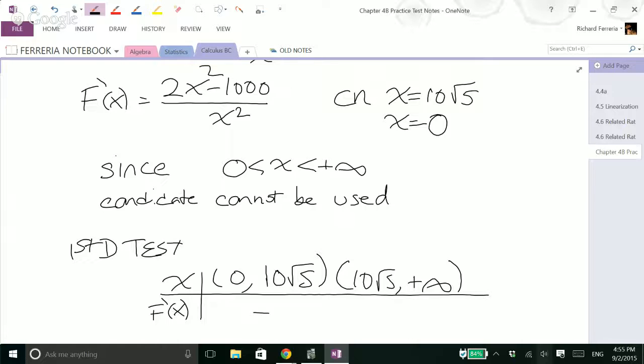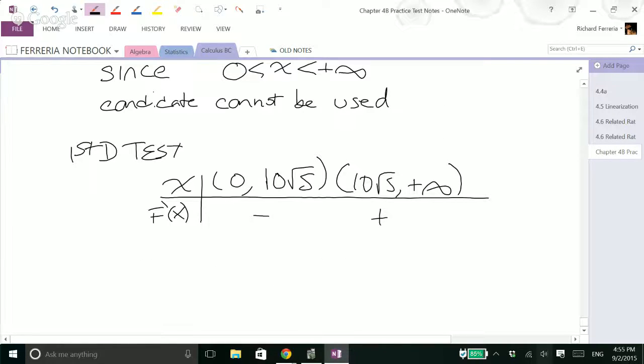Something between 10 root 5 and infinity: 100. 2 times 100 squared is 20,000, 20,000 minus 1,000, positive. The denominator is always positive. So this says we have a minimum.